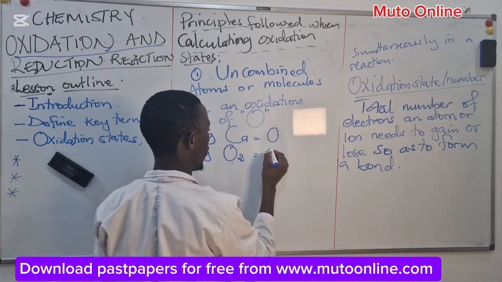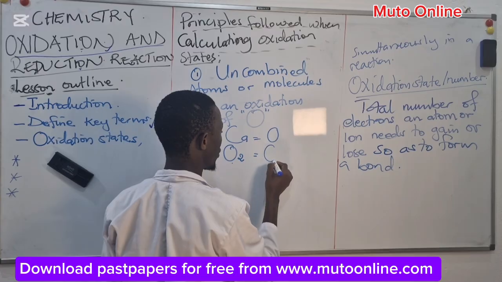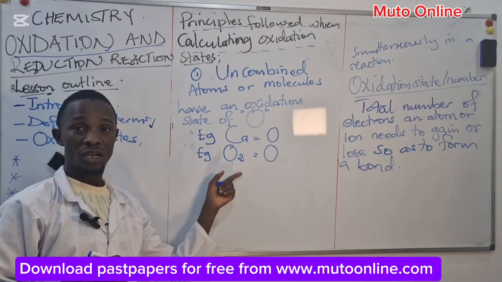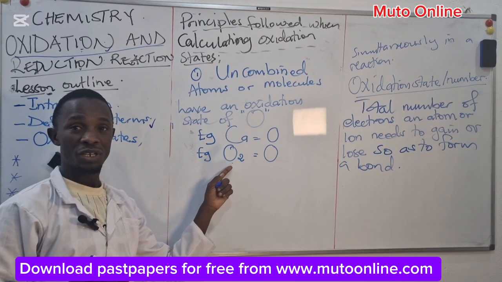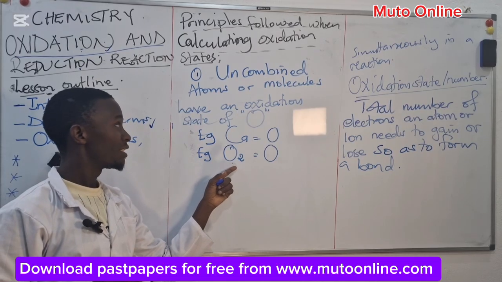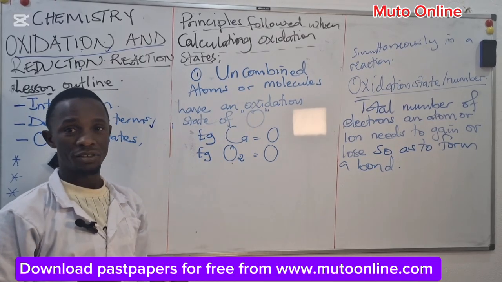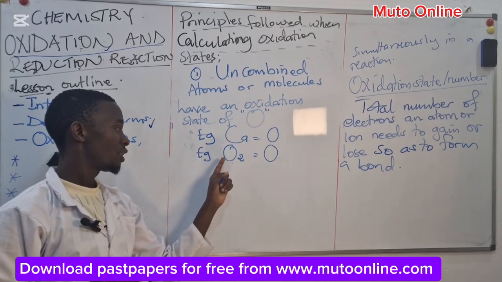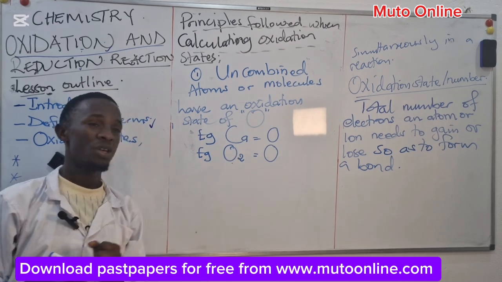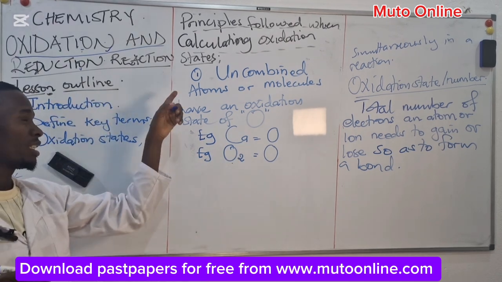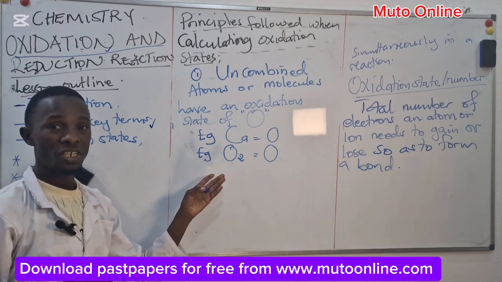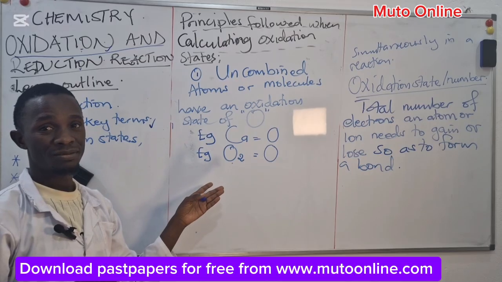Here, its oxidation state or number is 0. So this one is a molecule, a diatomic molecule. It is made up of 2 atoms. It is not combined with anything else. They are 2 similar atoms. So the oxidation state of this molecule will be 0. So this is what the first principle means. We shall consider it greatly in our calculations.